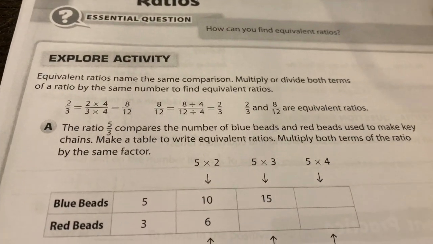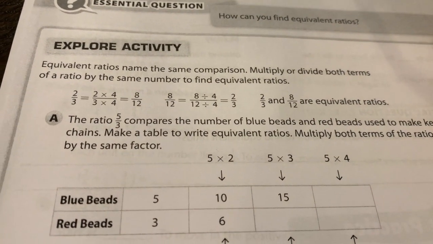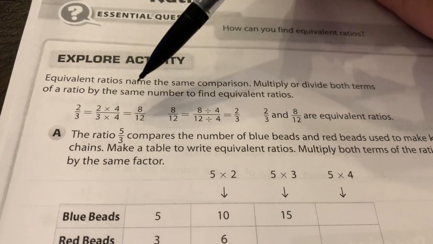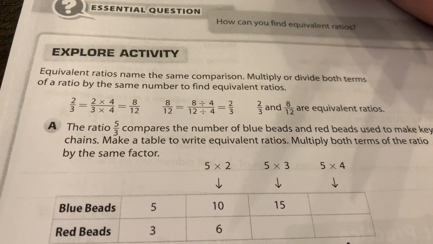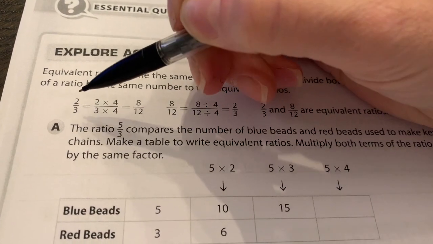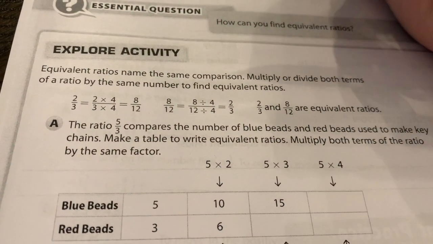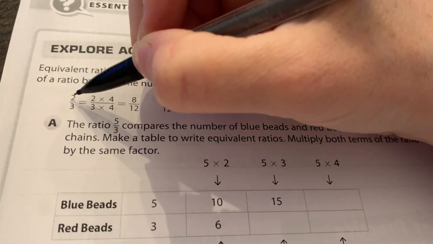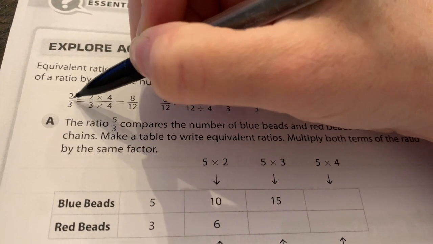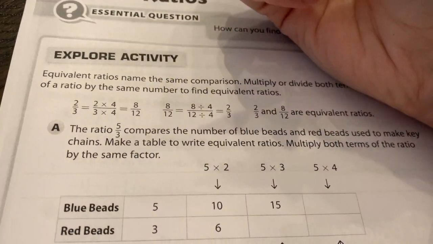So for our Explore activity, we're going to just review what equivalent ratios are. We know that what they do is they name the same comparison. So if we're saying that we have a ratio of 2 to 3, that means, for example, for every 2 boys in the class, there are 3 girls, right?